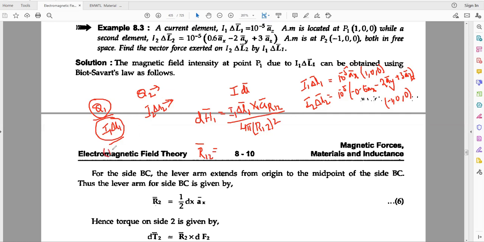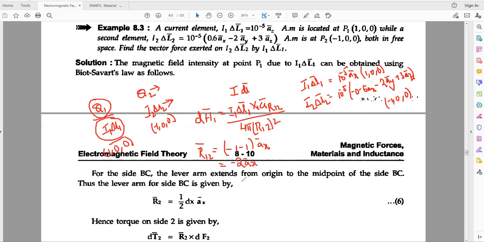So the R12 bar is (-1 - 1) AX bar plus (0 - 0) AY bar plus (0 - 0) AZ bar. There is no AY and AZ. The R12 bar is equal to -2 AX bar.